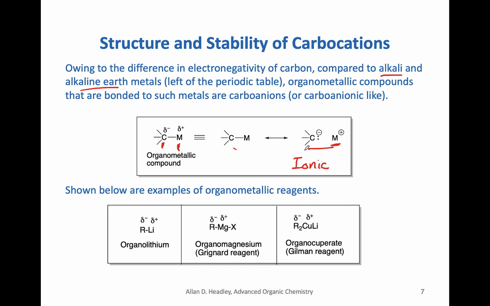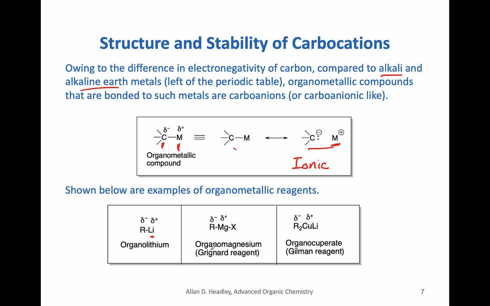If the metal is not as electropositive, it's more of a polar covalent bond where this carbon is partially negative. Here are some examples. Lithium, extreme left of the periodic table, so you'd expect this to be R partially negative. In fact, it's considered to be ionic where it's R negative and Li plus.